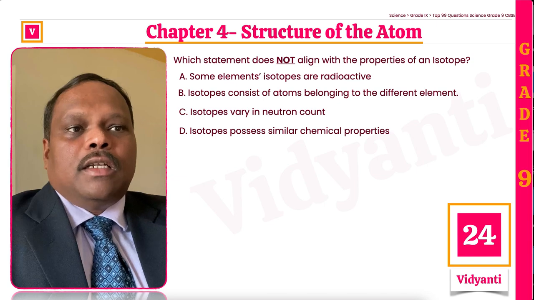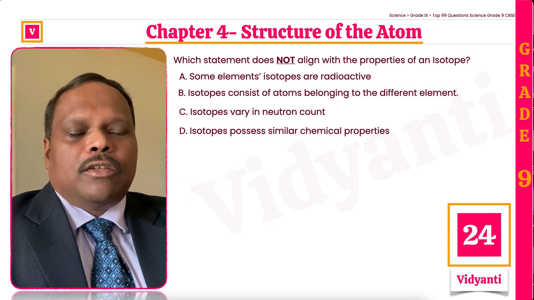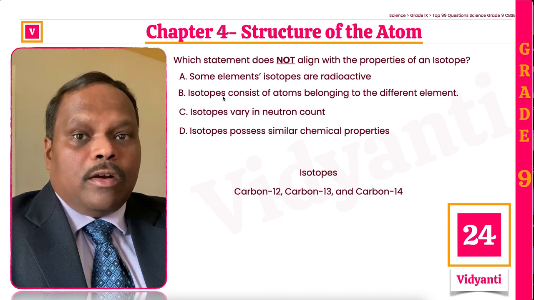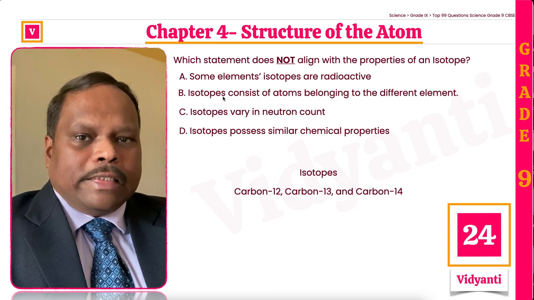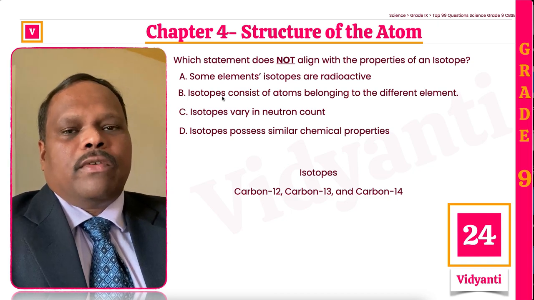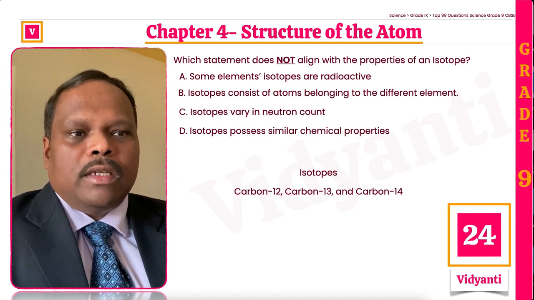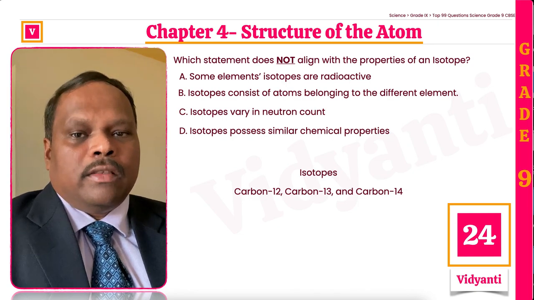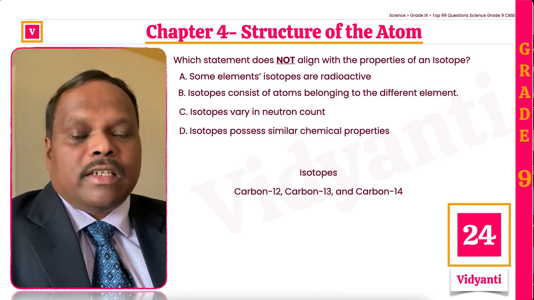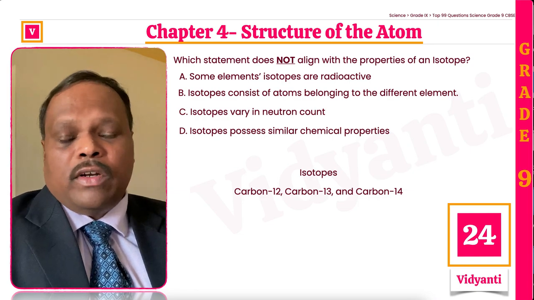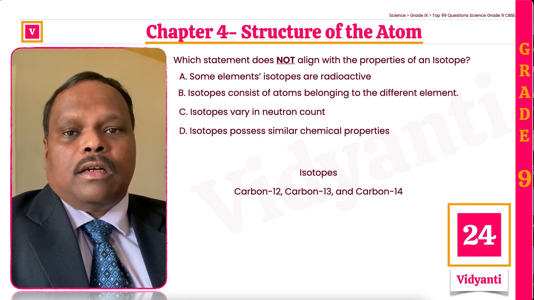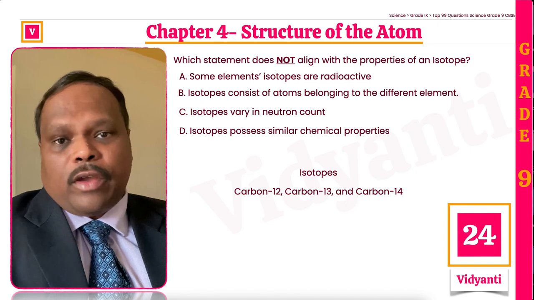Which statement does not align with the properties of an isotope? Let's see what the meaning of isotope is. Isotopes are the same element, but because of the differences in neutrons, the atomic number is the same, but the atomic mass can be different. Hence, physical properties such as density can be different, and some of them will even display attributes such as radioactivity.